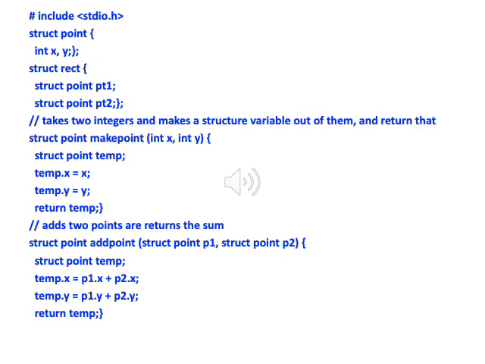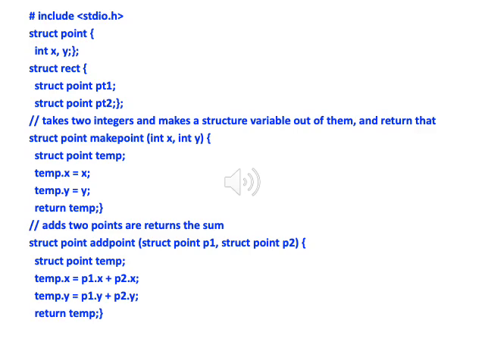Again, we need a temp variable for storing the result, so struct point temp. The x component is of course the sum of the x components of p1 and p2, which we get as p1.x and p2.x. We add them together and assign that to temp.x. So here is an example in which we are performing arithmetic with structure variables and also assignment.